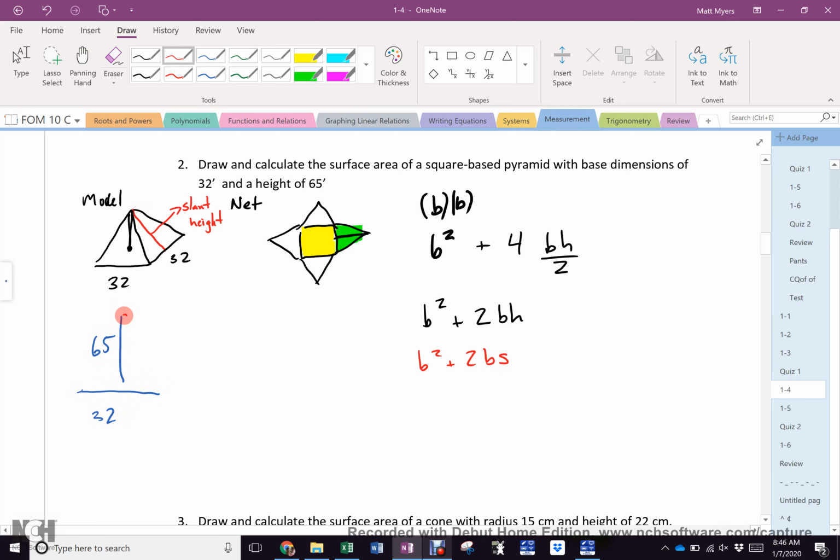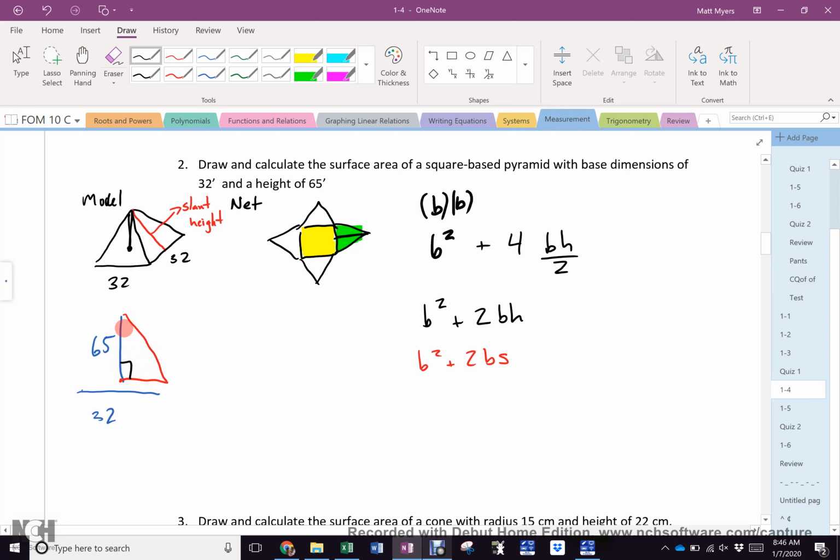I need this part of the triangle, the slant. How do I find that? If this is a height and this is a base, what angle do I know is right here? 90. What shape did I just make? What kind of triangle?